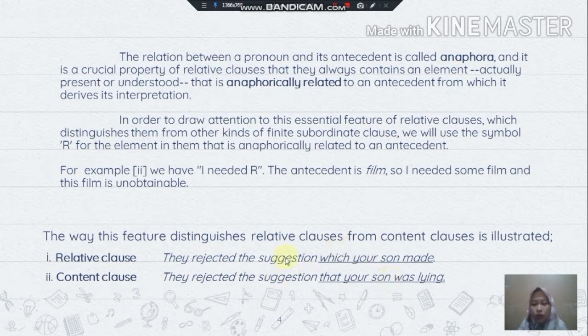So we understand that here your son made the suggestion and they rejected it. For the content clause, there is no anaphora, no anaphoric link to the head "suggestion" here. So "your son was lying" is the content of the suggestion.